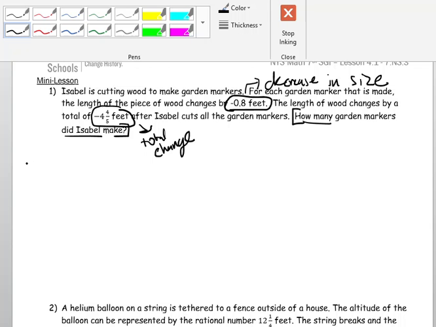All right, so my key here, okay, so it tells me that the total change is equal to negative 4 4/5 feet. All right, and then I also know that each time she makes a garden marker, it's taking off 0.8 feet.